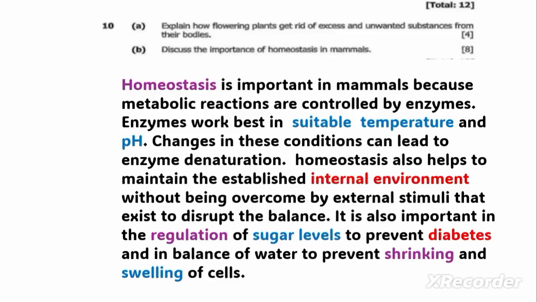It is also important in the regulation of sugar levels to prevent diabetes. So if the blood sugar is not maintained, someone is bound to have diabetes mellitus. And it is also important in balance of water to prevent shrinking and swelling of cells. Okay, so we have seen that homeostasis is very important in mammals.